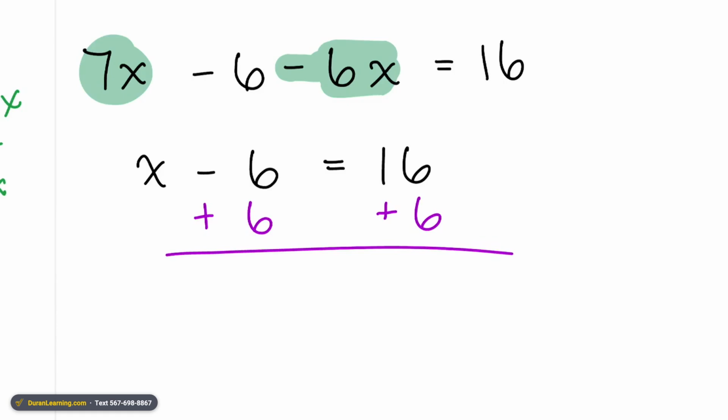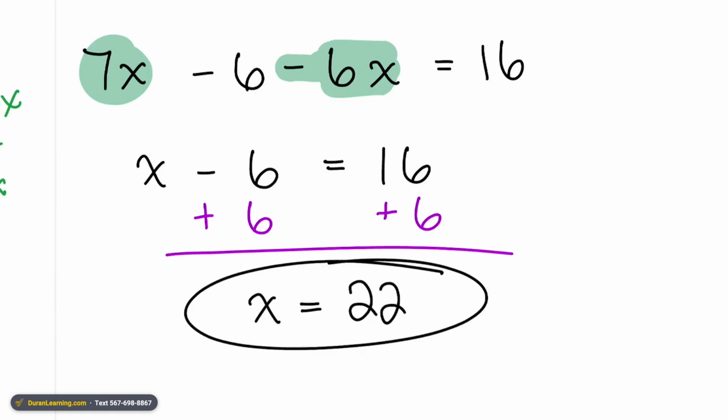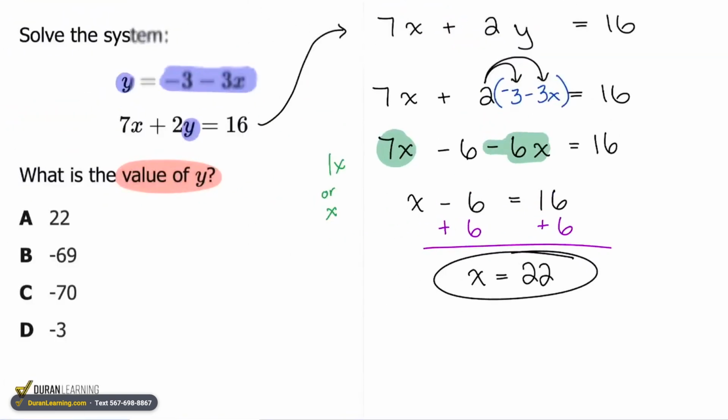And help me out, 16 plus 6, that'll lead us to what? Yeah, that'll lead us to 22. X equals 22. We should feel awesome about that. We solved it. Everybody, is the answer here answer choice A, right? It's 22. Isn't it 22? Isn't it 22? Oh, no, it's not.